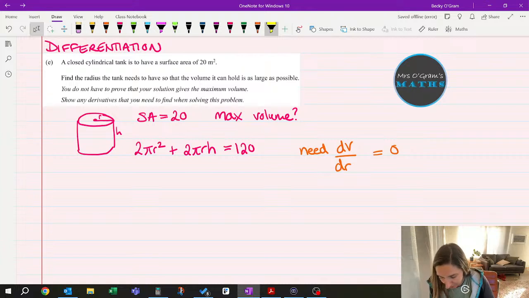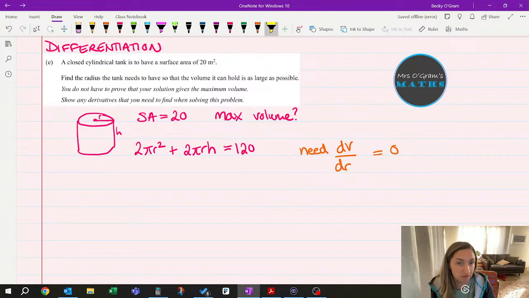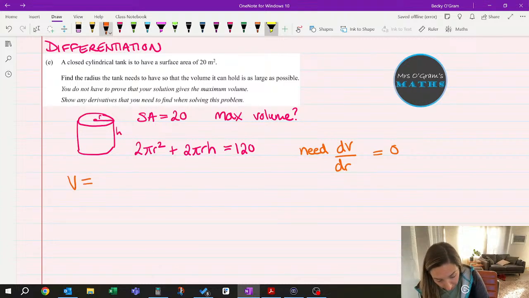Now what we have already is this bit just here, but the problem with this, we can't do an awful lot with that. It gives us the surface area. We want the volume. So volume would be equal to the area of the circle and then multiply it through by the height.